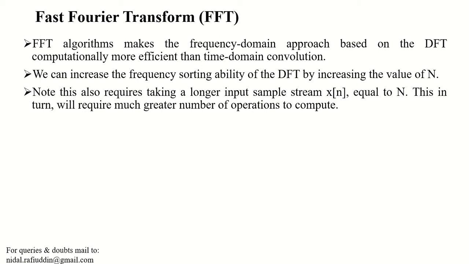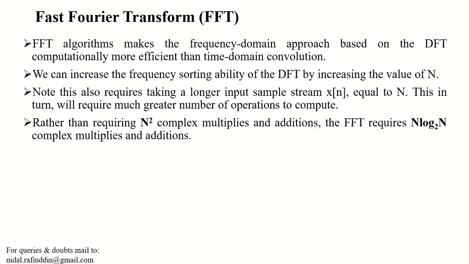We saw that in case of DFT, there are N squared multiplies and additions, which means that if we want a much more refined representation of the frequency content of any sequence, we would have to increase the value of capital N. But this will again increase the computational complexity, because we have to face those N squared multiplies and additions.